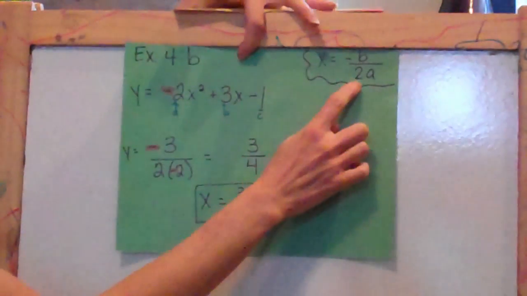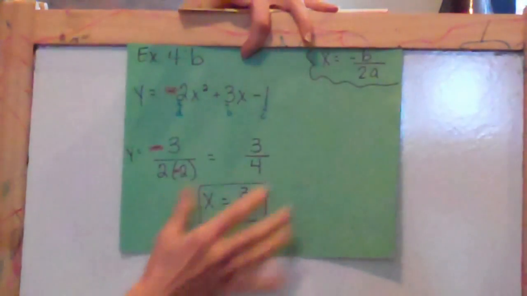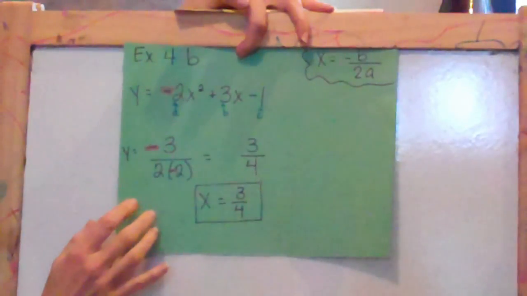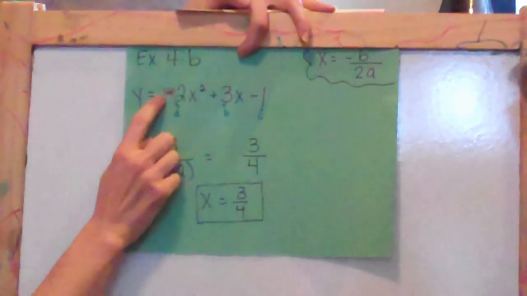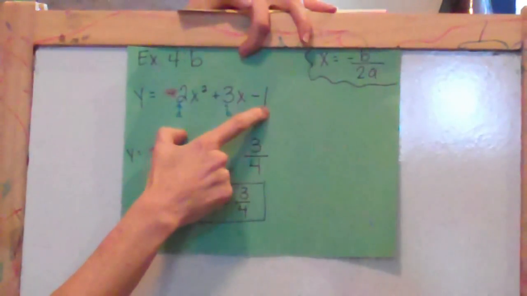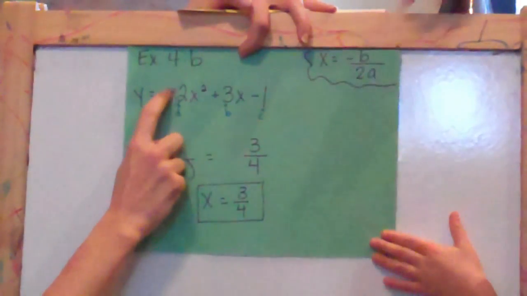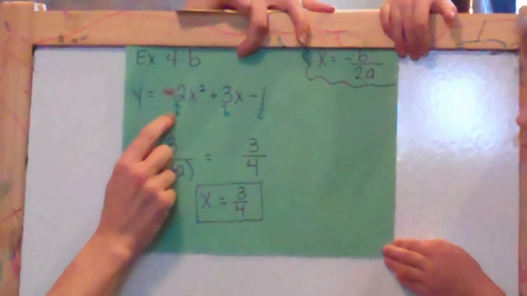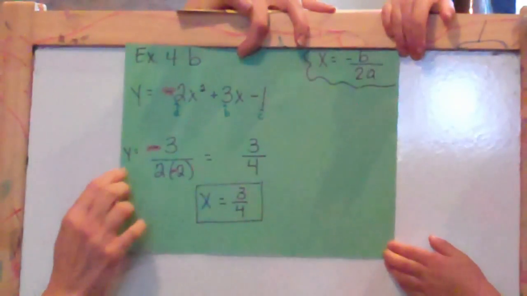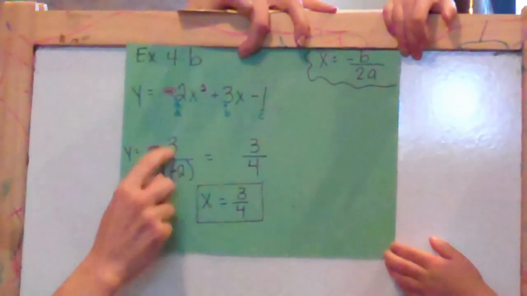Thank you, lovely assistant. Example 4b. Again, we're going to use this lovely formula, the axis of symmetry formula. And this time I notice it again is in descending order. And I have a negative 2 for my a value. So I need to watch those signs. But first I'll put in my b.